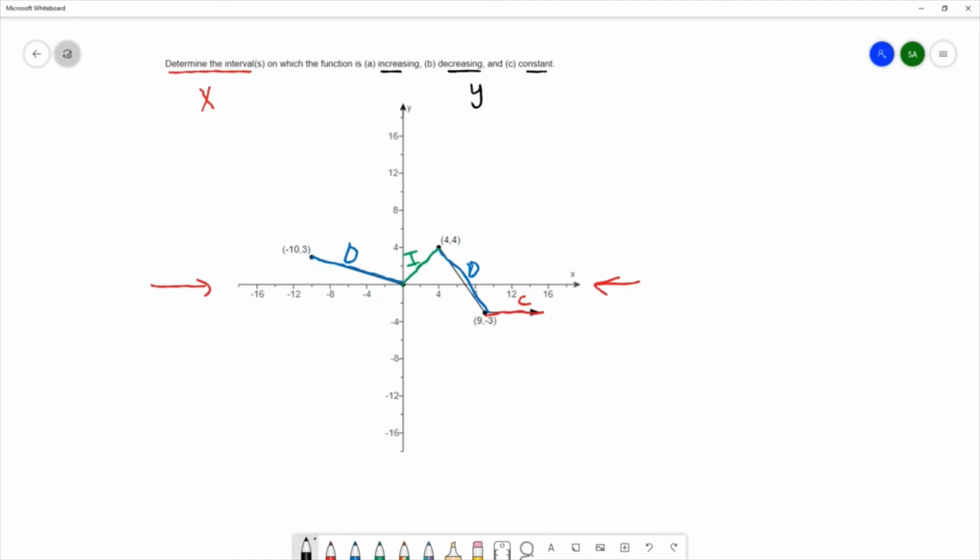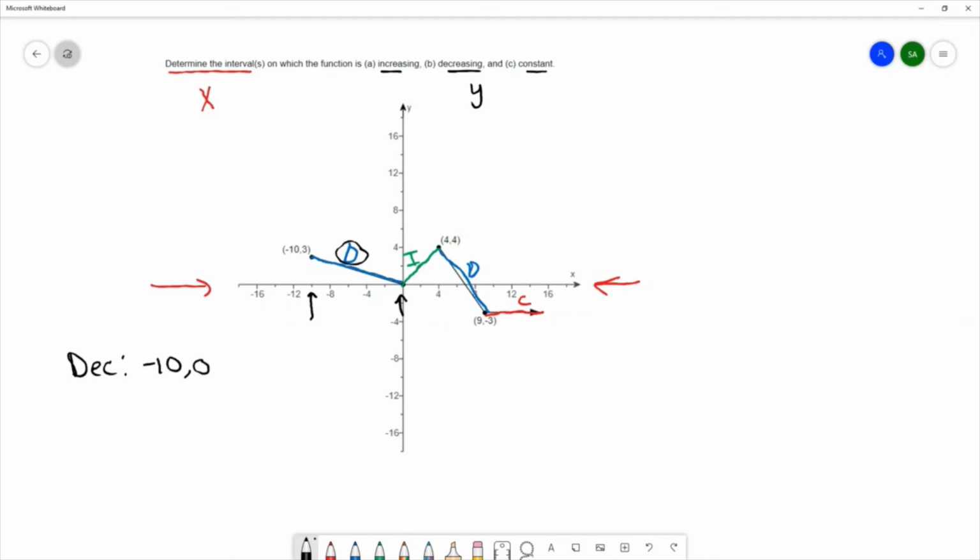I'd like to write down this first interval that's decreasing, and we want to write down the x where that starts and the x where that ends. So we're going to say that it's decreasing on the interval from, let's see, that looks like -10, and that decreasing interval stops at 0.